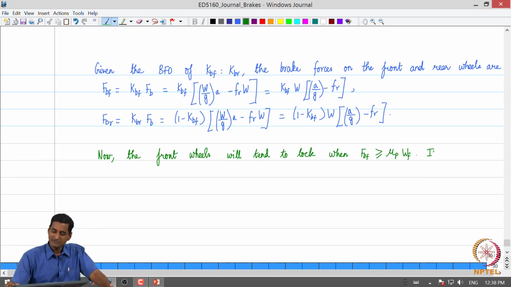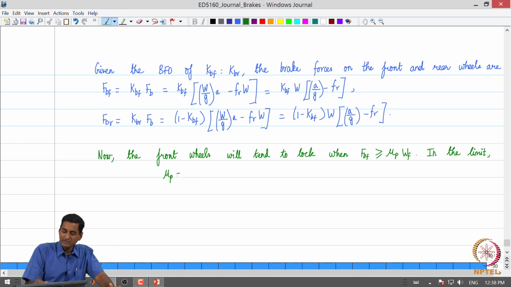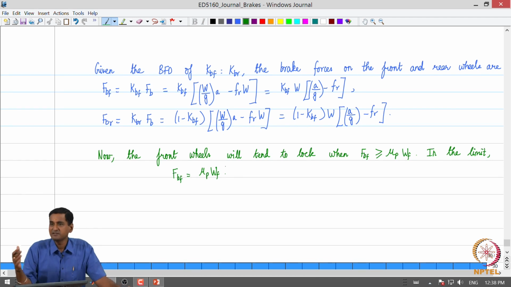In the limit, we can have FBF equal to mu p times WF, just to calculate the expressions. This will help us in calculating the deceleration after which front wheels will tend to lock. We are going to observe that shortly.